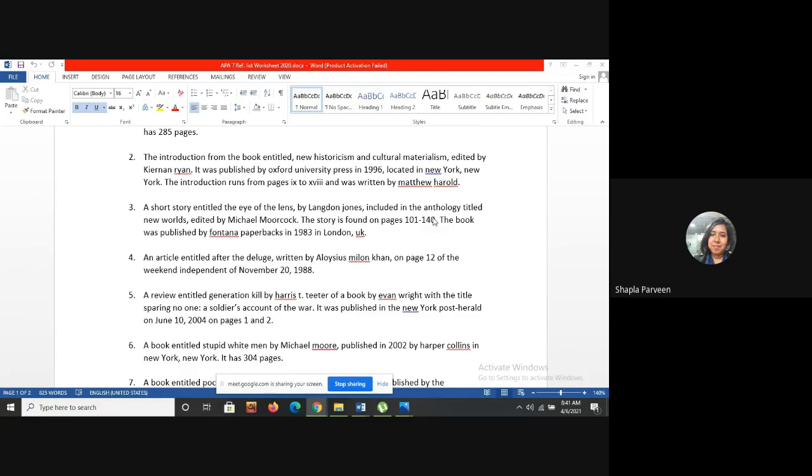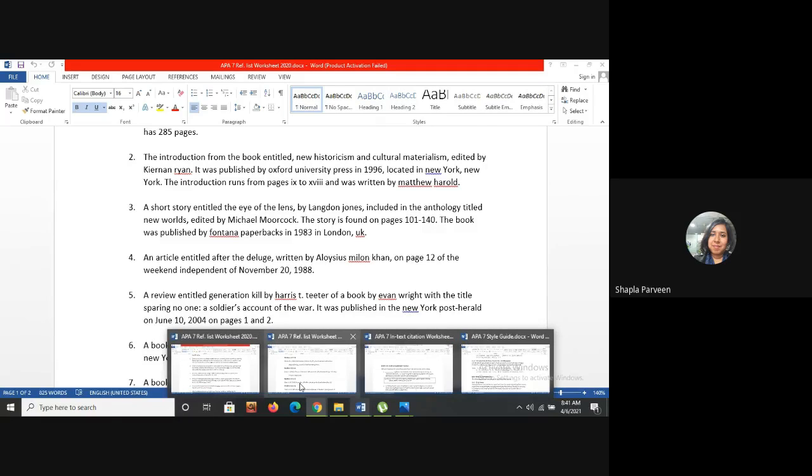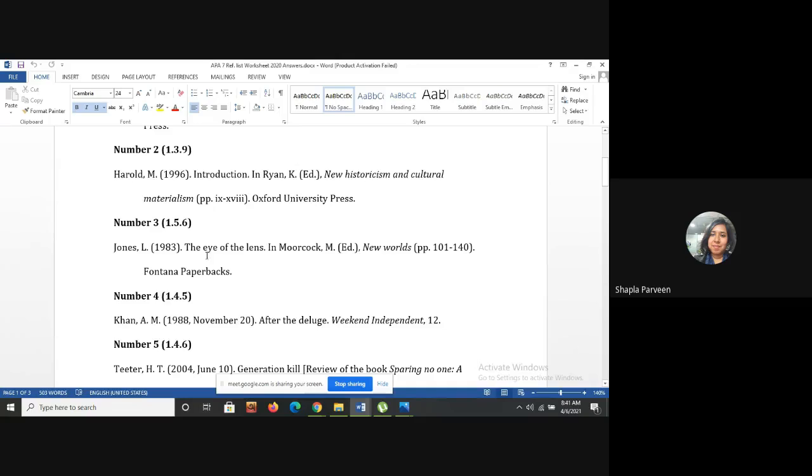Okay. So let's check the answer for number 3. So number 3, here it is. You can see that the name of the author is Langdon Jones. So Jones is the last name. So Jones, comma, L, dot. Then the year of publication is 1983, close bracket, dot.